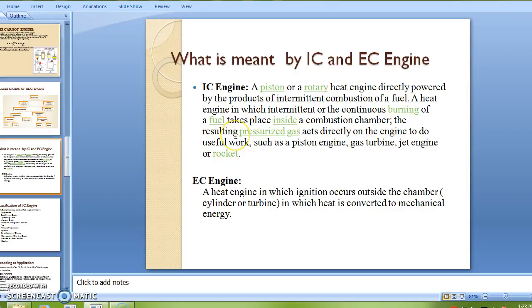The resulting pressurized gas acts directly on the engine to do the useful work, such as a piston engine, gas turbine, jet engine, or a rocket. EC engine means external combustion engine, a heat engine in which ignition occurs outside the chamber, in which heat is converted to mechanical energy.